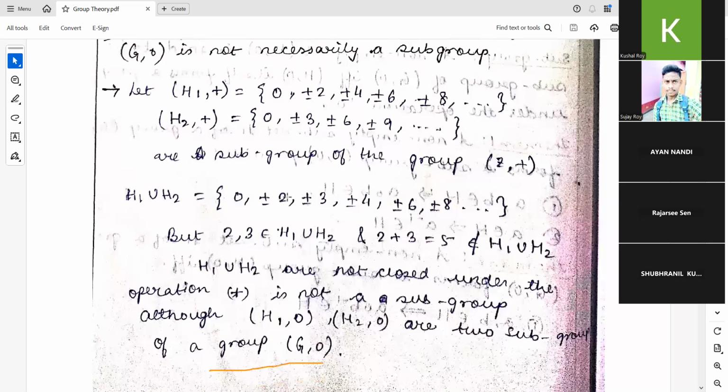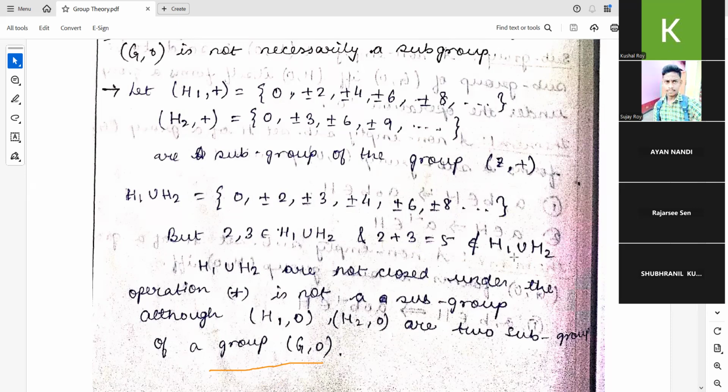Why? Because 2 and 3 are elements of H1 union H2: 2 belongs to H1 as well as 3 belongs to H2. So 2 and 3 are both elements of H1 union H2. But 2 plus 3 is 5, and 5 doesn't belong to H1 union H2, because 5 is neither a multiple of 2 nor a multiple of 3.